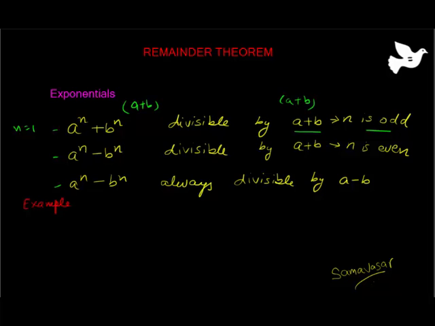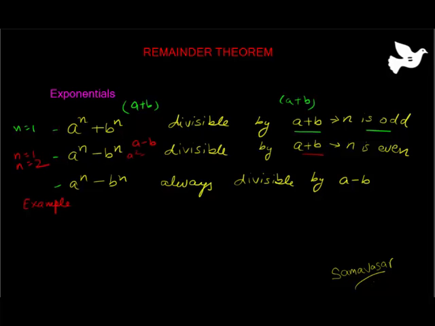Now similarly, if you have a number of the form a raised to n minus b raised to n, this number will be divisible by a plus b if n is even. Now again, if you put n equal to 1, you get a minus b, which is divisible by a minus b. We'll come to that later. Now let me put n equal to 2.